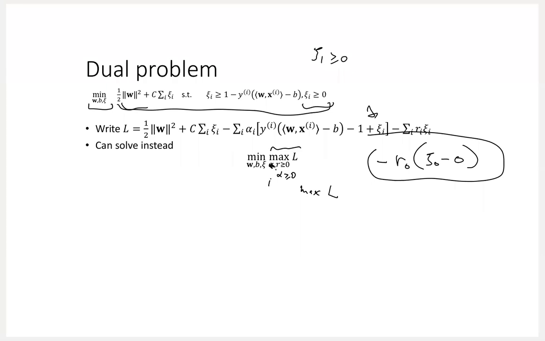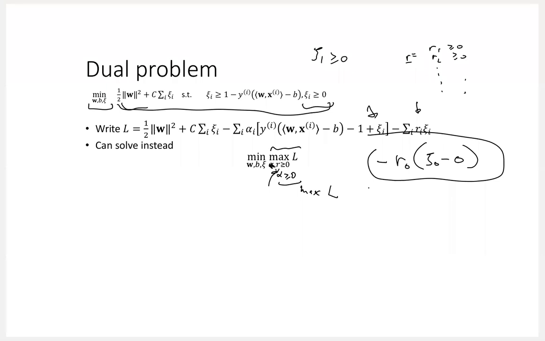This is a vector, so the entire vector is bigger than or equal to 0. R here is actually the entire R1, R2, and so on, and each of these is bigger than or equal to 0. That is what this is saying here.